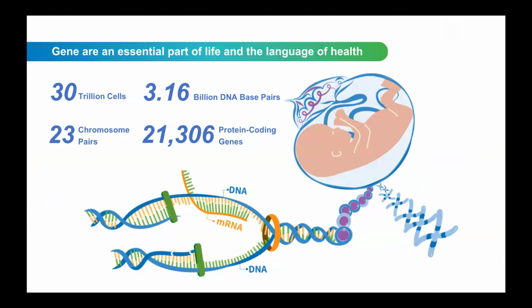So let me give you some background of the NGS service, the technology background. As we know, genes are the fundamental units of heredity and play a crucial role in the functioning and development of living organisms. They are often referred to as the blueprints or instructions that determine the traits and characteristics of an individual.